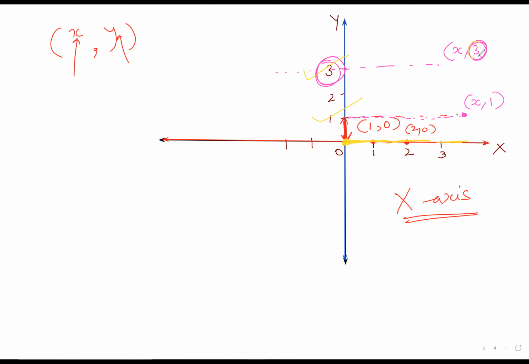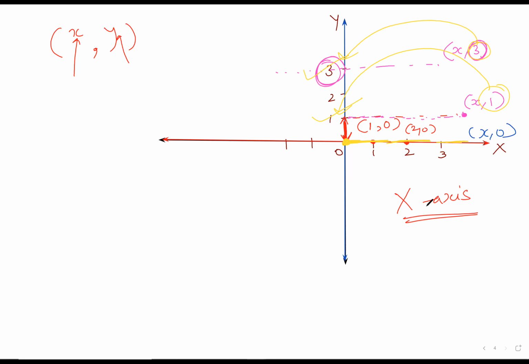Over here, y was 3 because this was 3. The y coordinate was 1 because over here this was 1. But here y is 0, right? Vertically, there's no value of y. So any point over here will be of the form, oh, I'm sorry, I'm writing it in yellow. Just a minute. So any point over here will be of the form x comma 0.